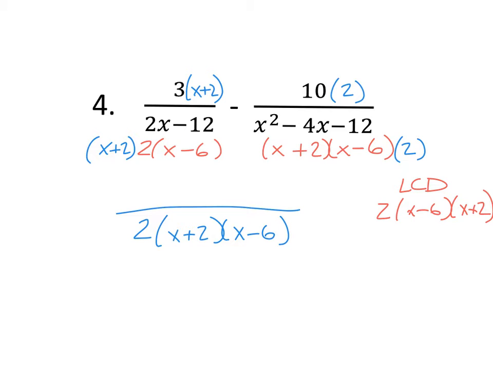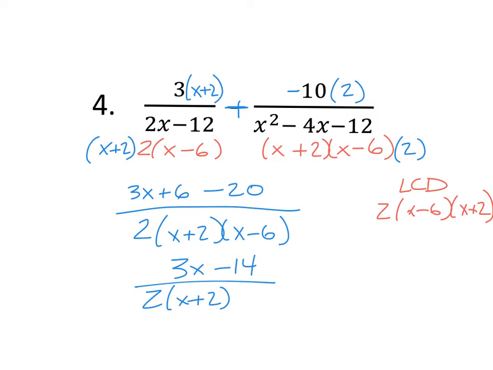On the top I would have 3x plus 6. And this is very important: this minus here gets carried through. So I would change it to adding the opposite, make that a negative 10, so it ends up being a negative 20. Then combine like terms, you'd have 3x minus 14. And again, just leave the denominator the way it is, factored out.